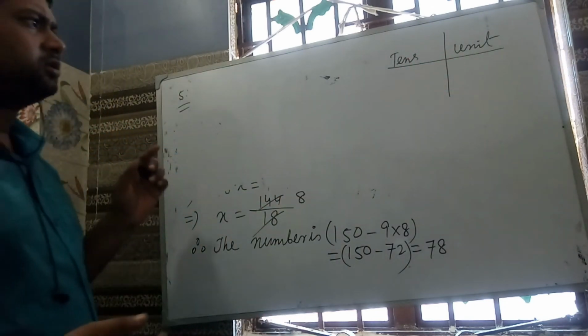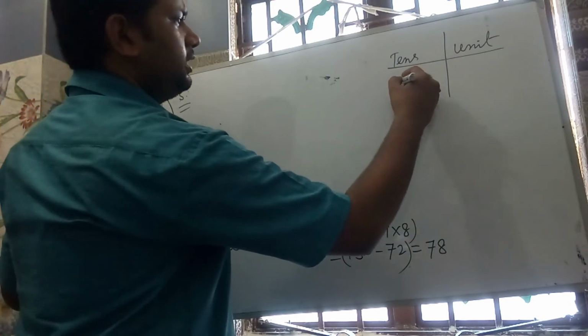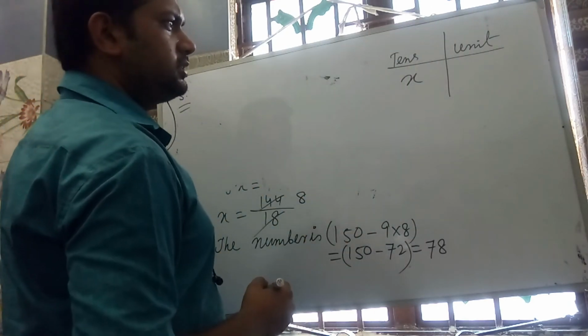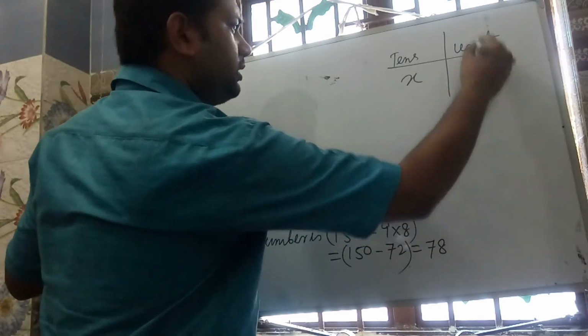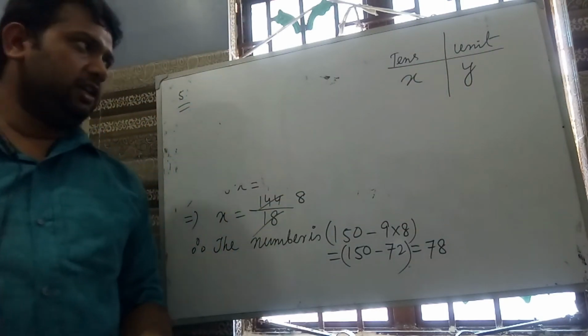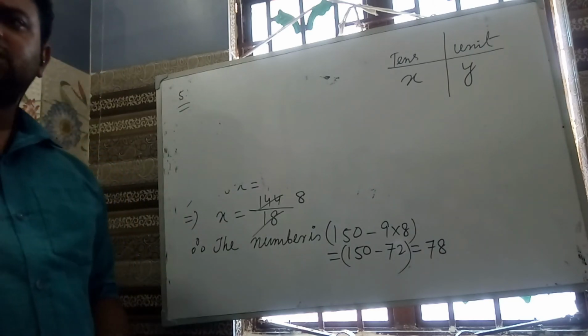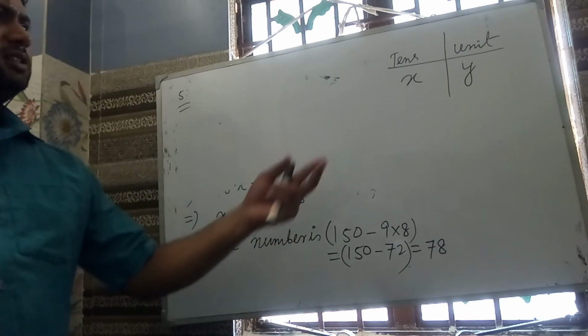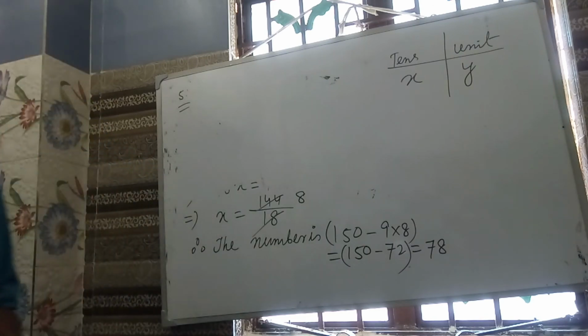So what do we have to do? We have to consider the tens place digit to be x and the unit digit to be y. Here we have to consider two variables. The sums can be done in different ways, but this is the easiest way.